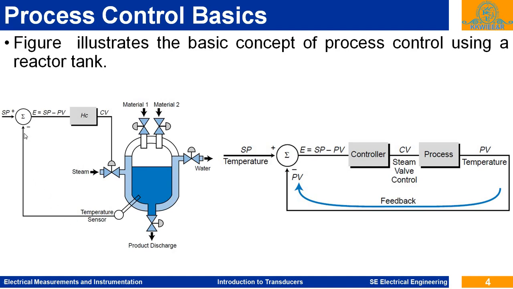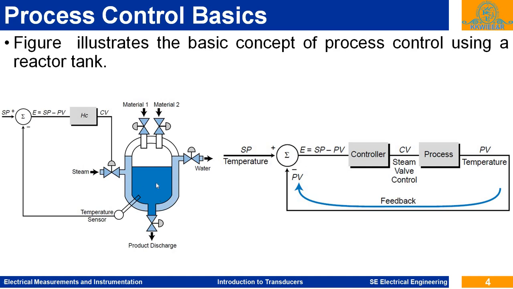The actual temperature and the set point are compared, and accordingly an error signal is generated and given to the controller. Based on the temperature of the liquid, this controller will open or close the steam valve, or control the opening of the valve in terms of percentage: 10, 20, 50, 75, 80.